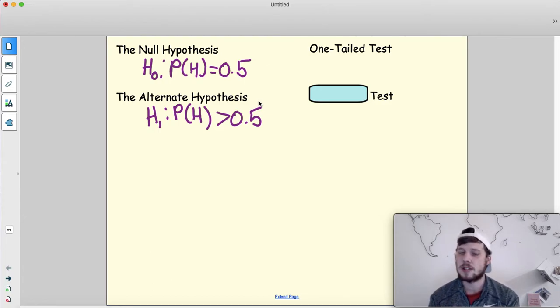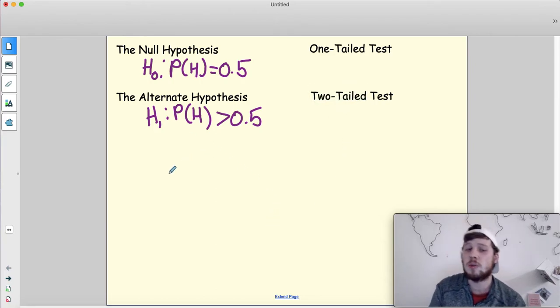If I say, for example, that I don't know if the coin is biased, but I think it is in some way, that would mean I don't know whether it is biased towards heads or towards tails. So for this example, this would be a 2-tailed test, and I wouldn't know which way it would be biased.